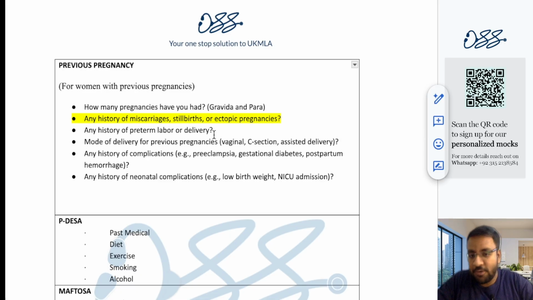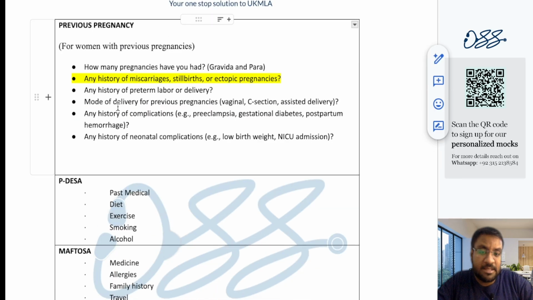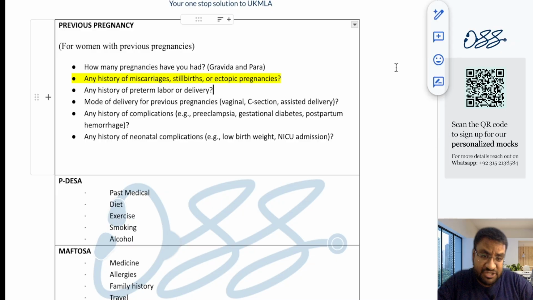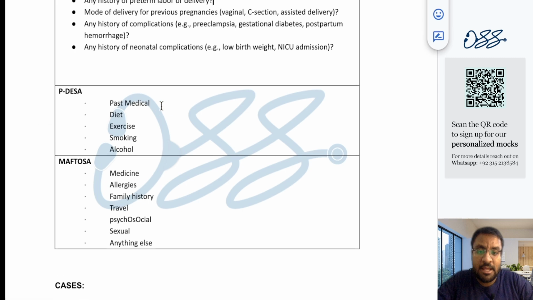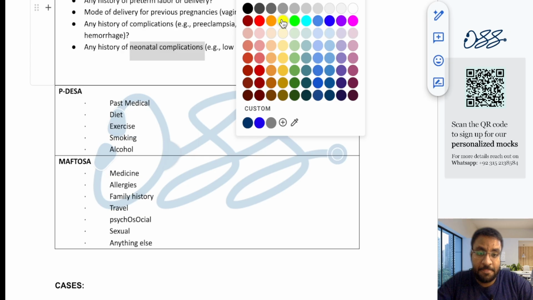Then you've got to ask about the mode of delivery of the previous pregnancy: were they normal labor, were they born with C-section, or was it an assisted delivery? And then just briefly ask about the complications: did you have any complications after the pregnancy, like preeclampsia, gestational diabetes, postpartum hemorrhage, or did your child develop any complications after the pregnancy?